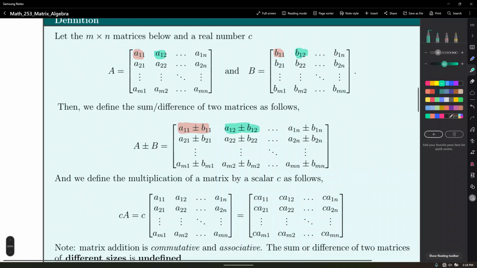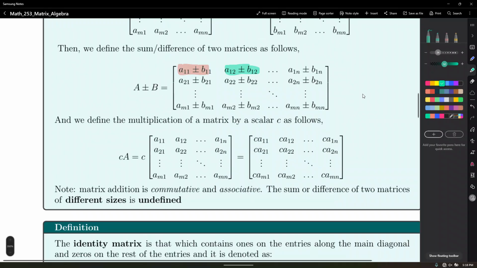Now, there is a third operation. If we consider a scalar c, which can be any real number, all we do for scalar multiplication is multiply all of the entries of the matrix by that same number. Notice how in this case we have all the entries multiplied by the constant c.